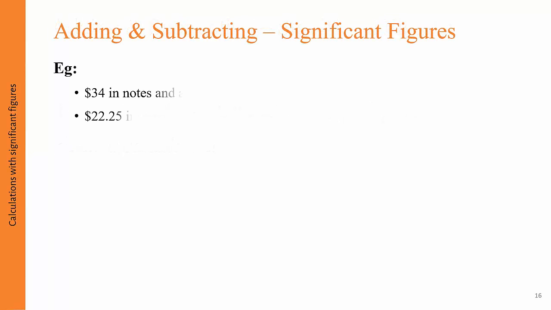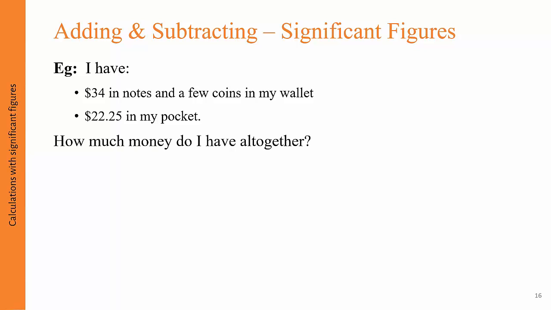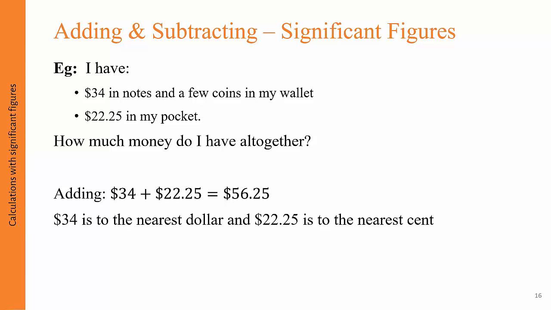Let's see how significant figures work when we're adding and subtracting numbers. I have $34 in notes along with some coins in my wallet, and I have $22.25 in my pocket. How much do I have altogether? Well, to find that out, we add the two numbers that we've got, and we get $56.25. However, the $34 is to the nearest dollar, whereas the $22.25 is to the nearest cent.